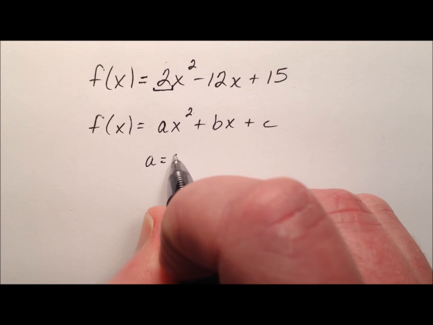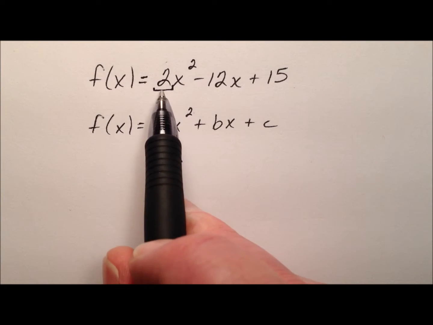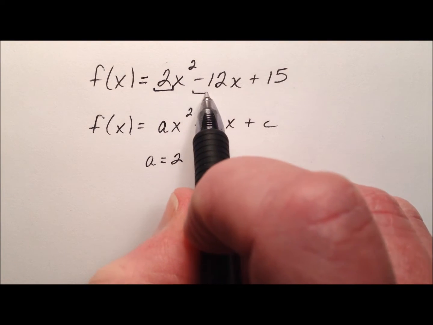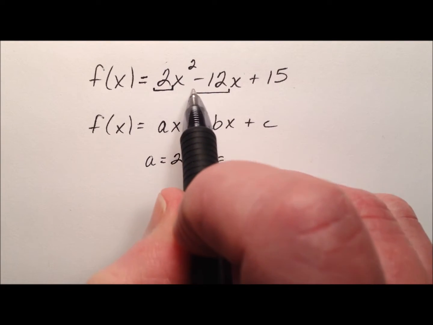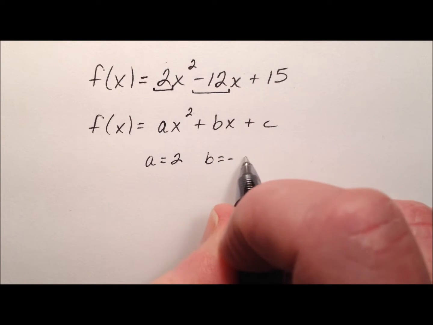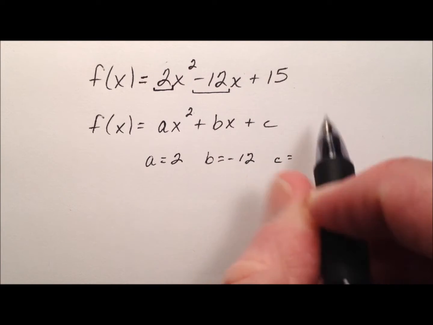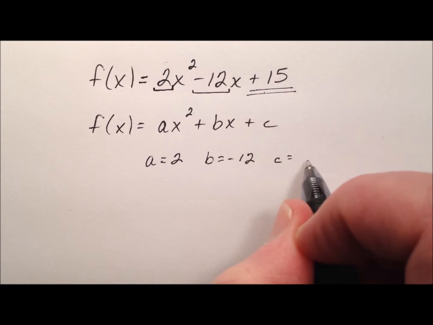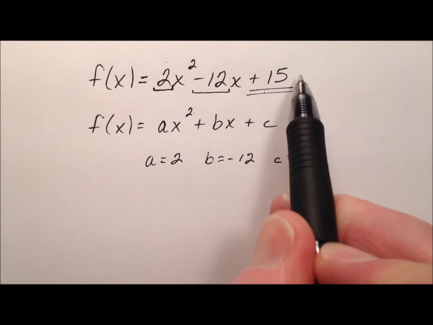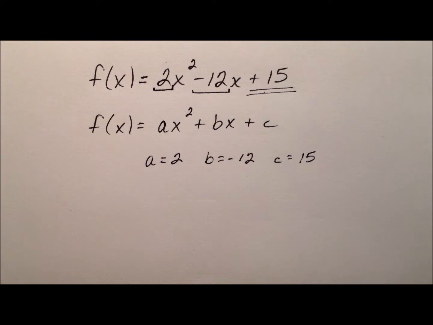So in our case, our a is 2, and we call that the leading coefficient. Our b value is going to be the coefficient of this middle term, which is our linear term, so negative 12. And our constant is just going to be this number out here that's just coming along for the ride. It does not have an x or any other variable along with it.